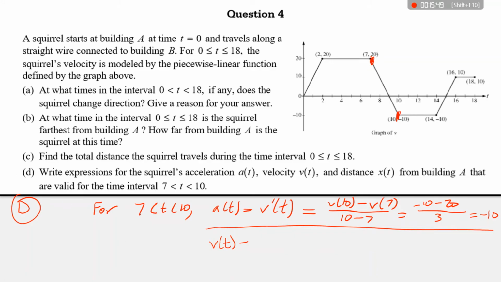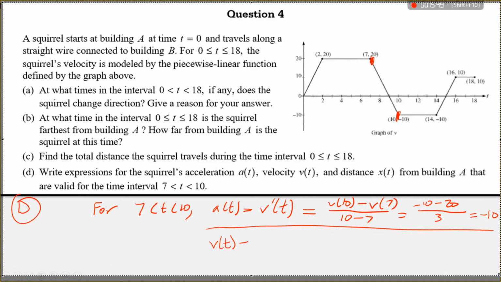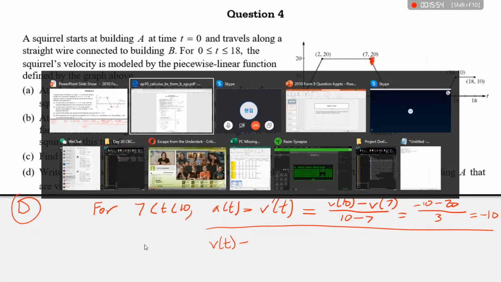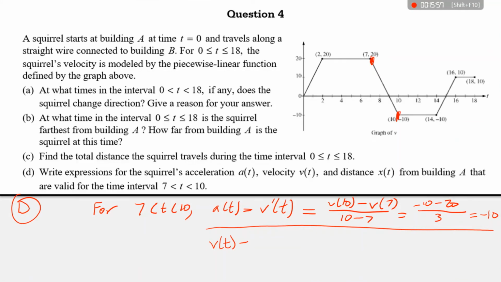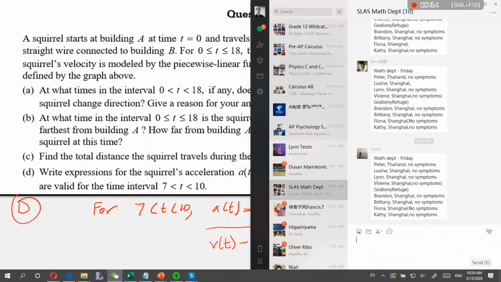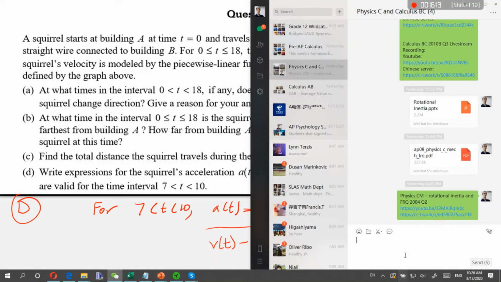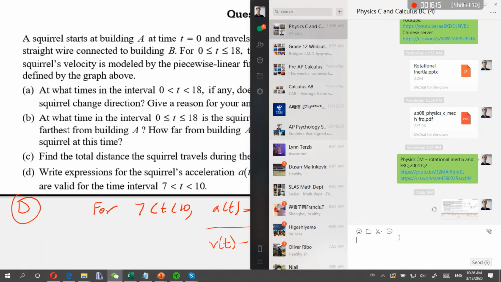Okay, let me send this last question in the chat. And I'll do that on Skype and WeChat. Okay, so you should have it in the Skype chat and in the WeChat in just a minute.